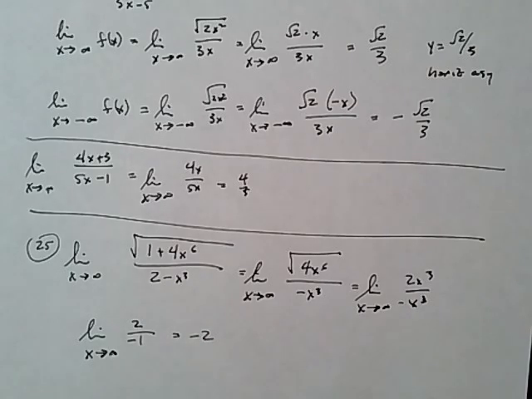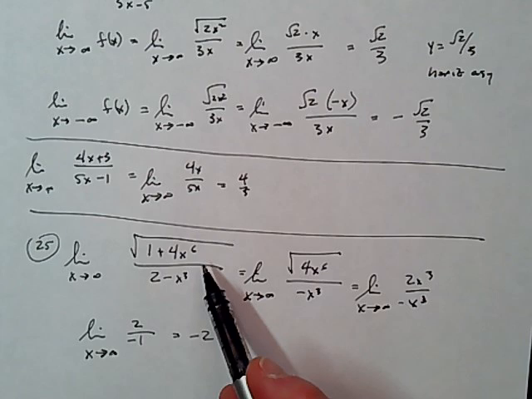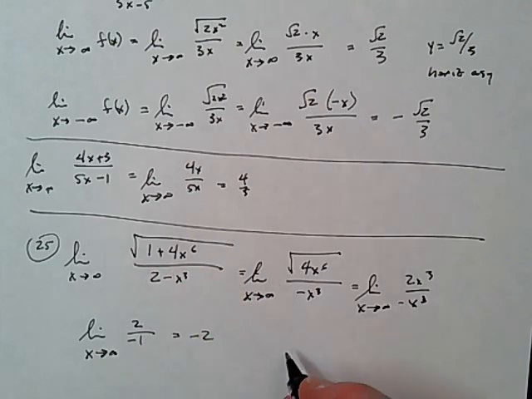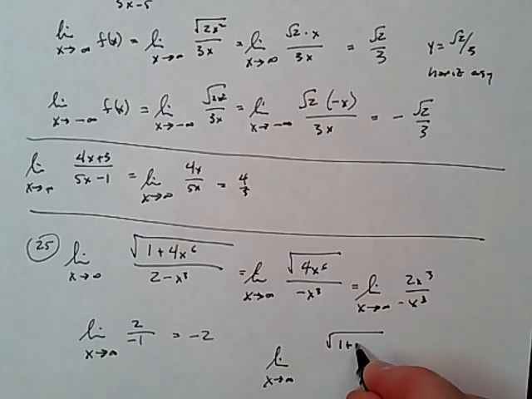Okay. Now, I talked about example 4, where he justified all this, and I absolutely could have done the limit as x goes to infinity of the square root of 1 plus 4x to the 6th over x cubed, all over 2 minus x cubed over x cubed.